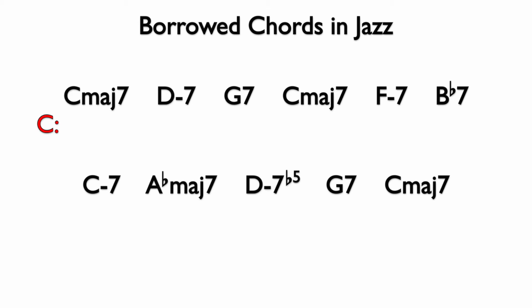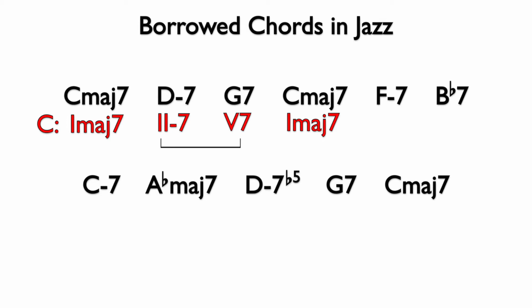Here is another example. C major 7 is 1 major 7, followed by a 2/5/1 in C major. We will use the bracket for the 2 and 5 and an arrow for the resolution of the 5 to 1. Next we have F minor 7 as a 4 minor 7, followed by a flat 7/7.